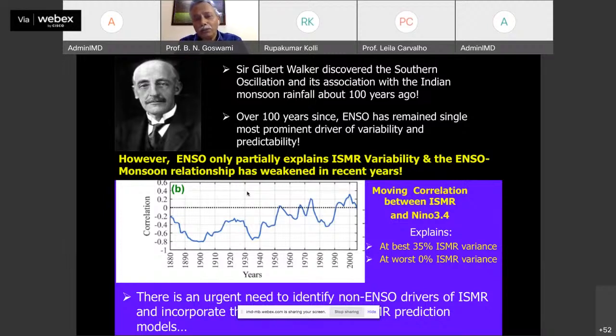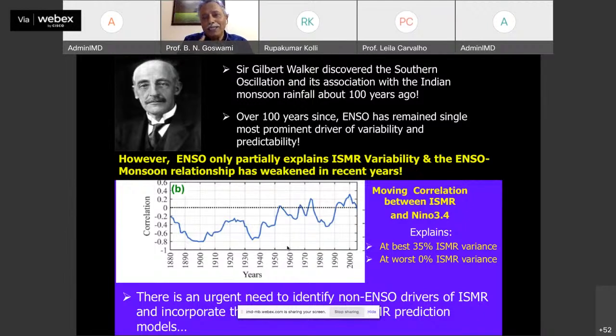Unfortunately, the association between monsoon and ENSO has been epochal, varying, and over recent years it is a very low, very poor correlation. Even in the best of times, their association explains only about 35% of the variability of monsoon. So a lot of variability is not explained by ENSO.